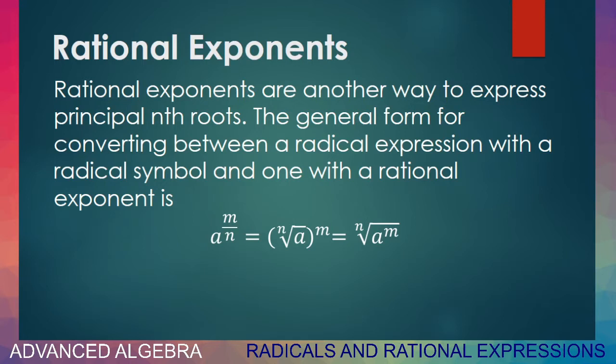So, rational exponents are another way to express principal roots. The general form for converting between a radical expression with a radical symbol and one with a rational exponent is a to the m over n power equals the quantity of the nth root of a, raised to the m power, which equals the nth root of a to the m power.